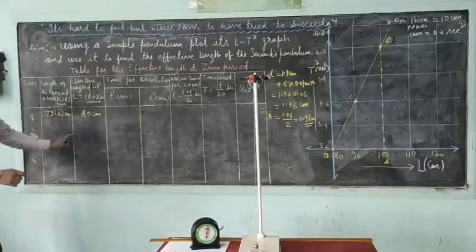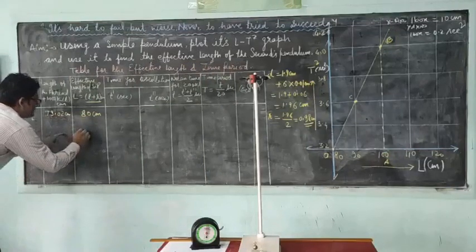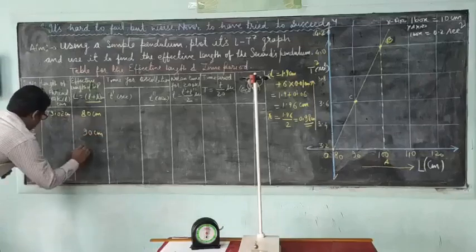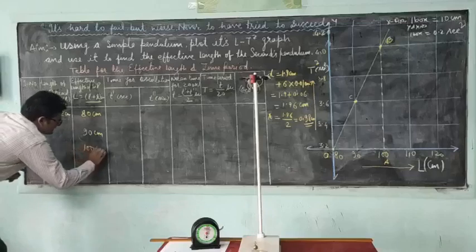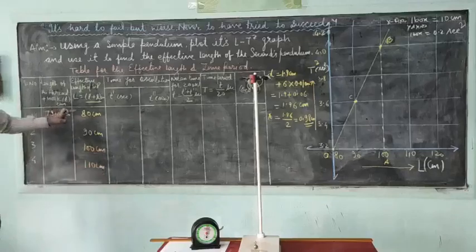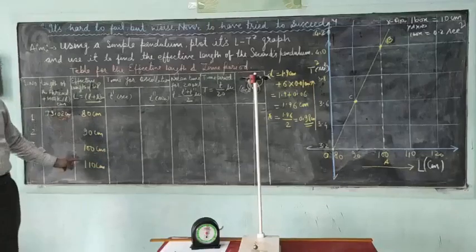In the same way, you will measure 90 centimeter, then 100 centimeter, and then 110 centimeter. I will take the readings at these effective lengths.